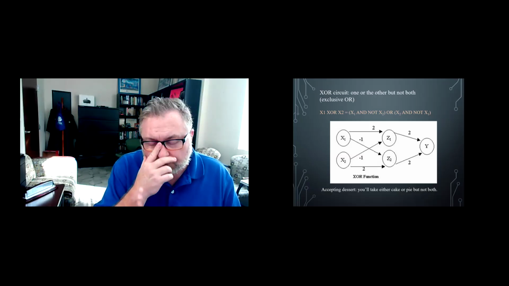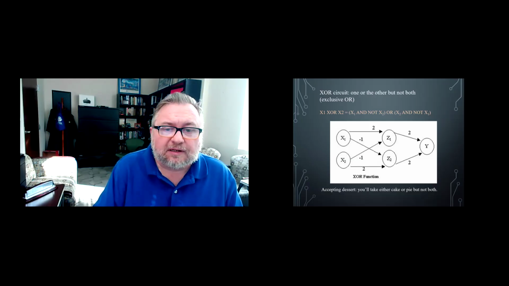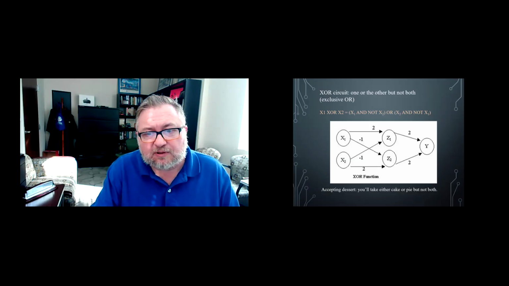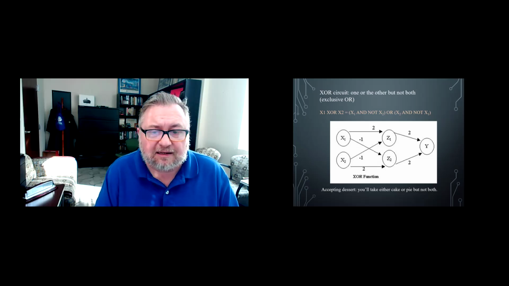So if you are told that you can have cake, X1 is true, and you're not going to have pie, so X2 is false. So when this happens, X1 sends its signal strength 2 to Z1. X2 does nothing because it's false, right? So it's not active, so it's not sending in any inhibition to Z1.